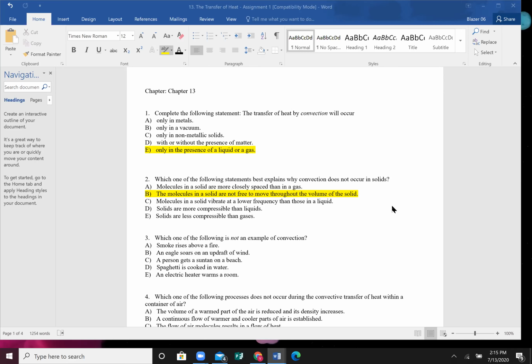That's radiation, the heat from the sun landing on the person's skin. So that would be an example of radiation. Spaghetti is cooked in water, of course, that's convection. An electric heater warms a room, that's convection. So the answer we should choose, class, should be C. Which one of the following is not an example of convection? That would be C.